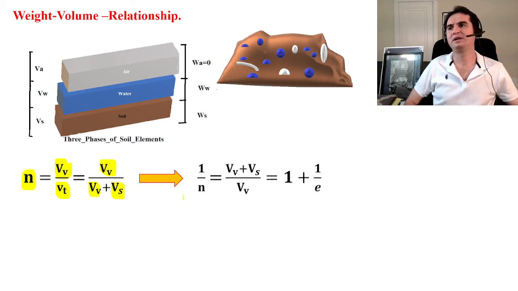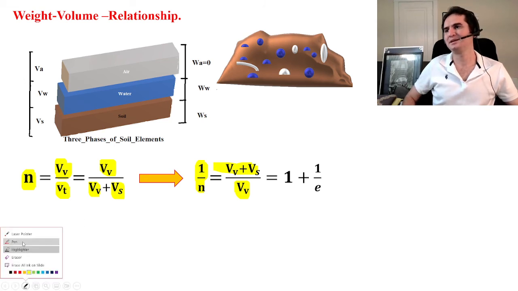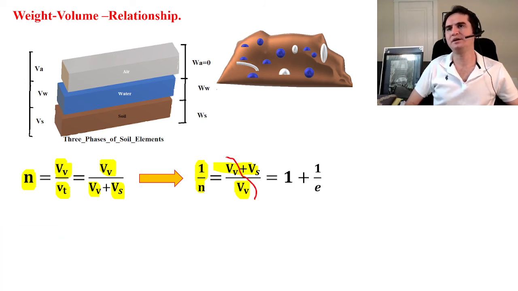If you reverse the process, 1 over n is Vv plus Vs over Vv, and that's 1 plus Vs over Vv, which is 1 over the void ratio.